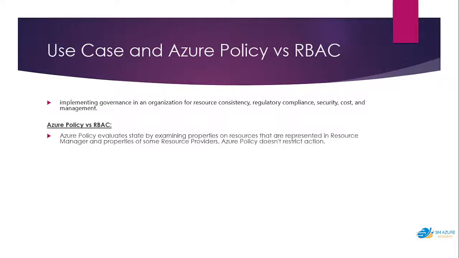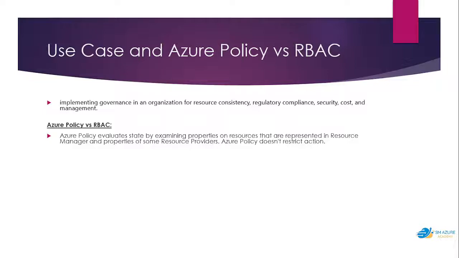This is critical. So the key difference is, as we know, Azure policy evaluates the state of your resources, right, by examining the properties that are represented in Resource Manager or the properties of resource providers. It doesn't restrict any action on the resource itself.